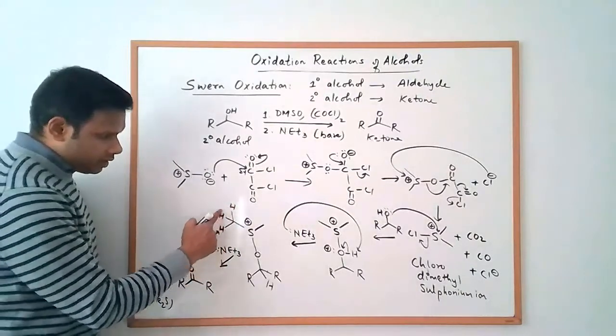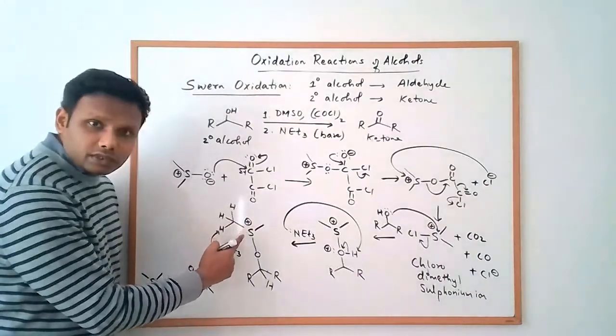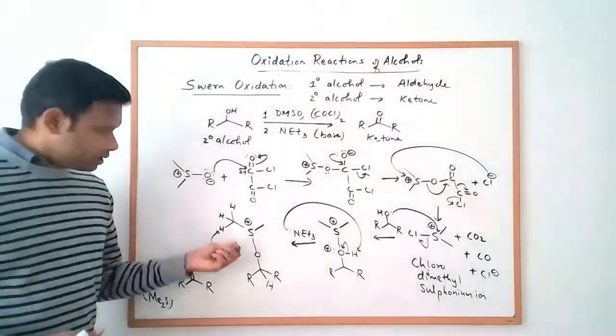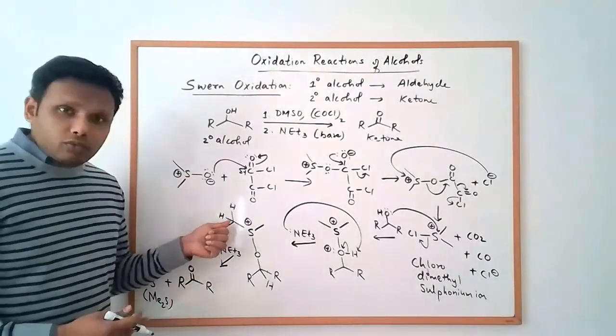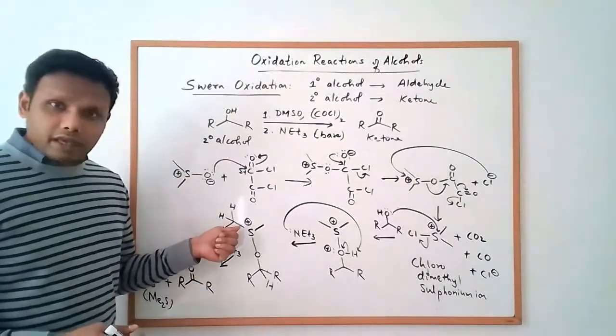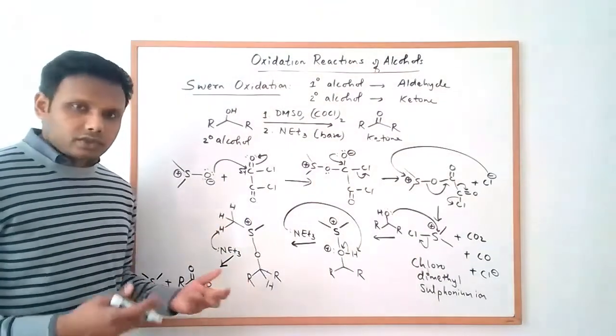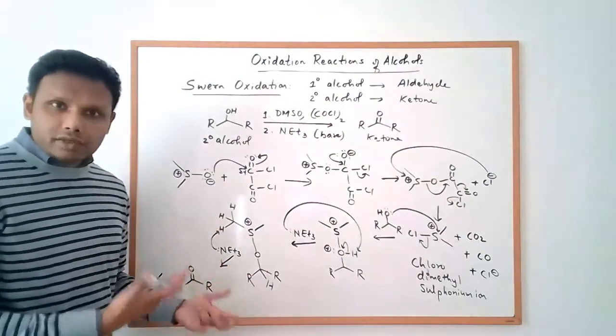Okay, because that methyl group is next to the sulfur with a positive charge on it, these hydrogens are going to be relatively acidic because once you make the conjugate base, that can be stabilized by resonance. Okay, so that's going to render them acidic.